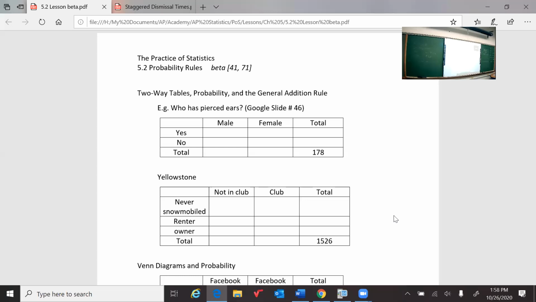A or B. Well, A or B is everything except for these people. So I could just subtract that and say the answer to C would be 178 take away 4, 174 out of 178. Does that make sense? The pierced ears question isn't complicated.